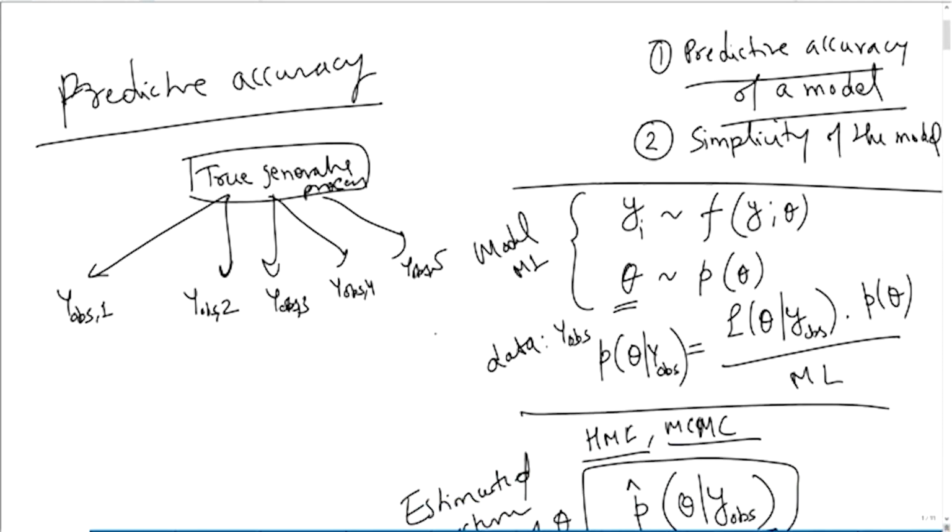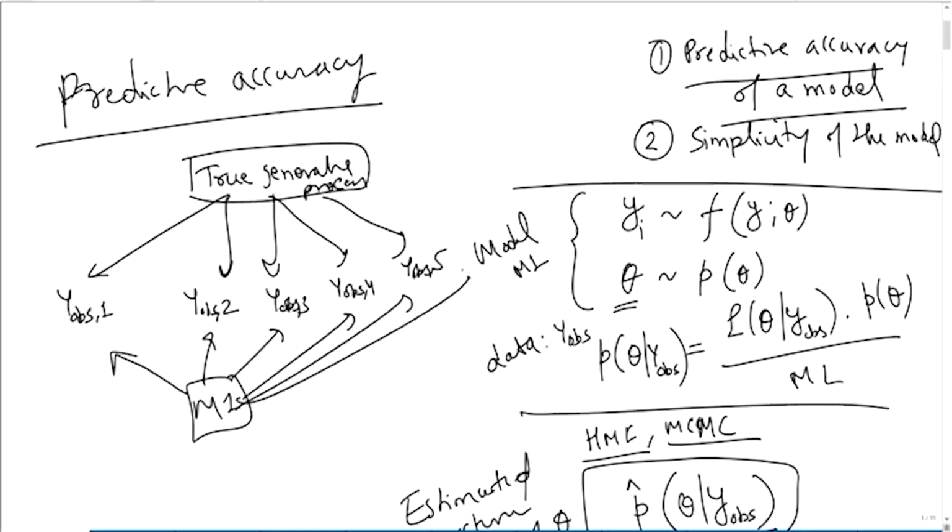Okay, so what would be a good model? A good model will be the one which can correctly predict all these 5. Why? Because the goal of the inference is to reach closer to this true generative process.